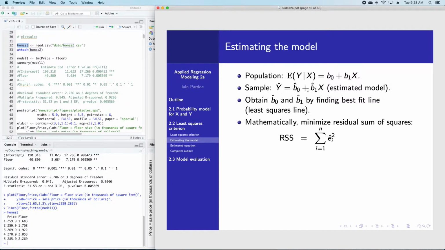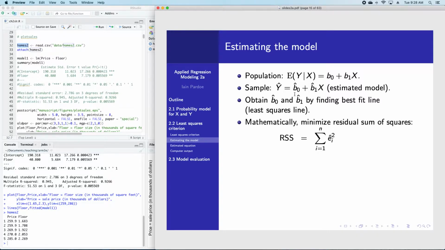So if we can put numbers in here for b0 hat and b1 hat, then we would be able to plug in a particular value of x, say x equals 2, and then evaluate what this comes to, and that would give us a fitted value of sale price, or a predicted value of sale price. So that's the idea here.